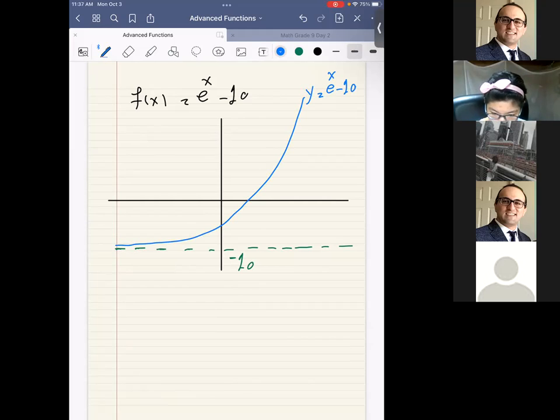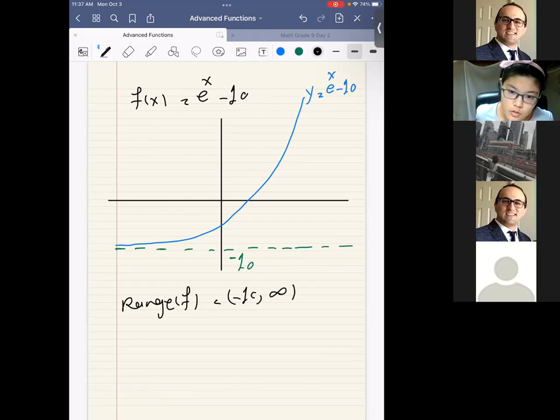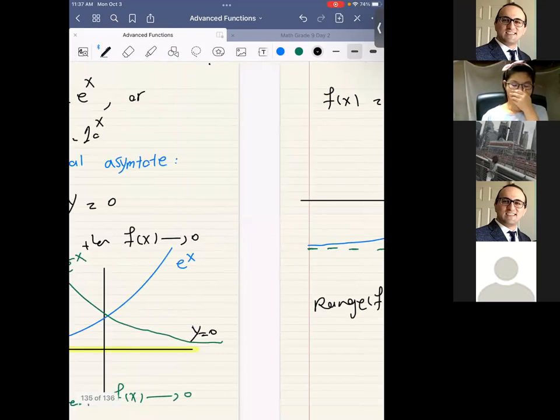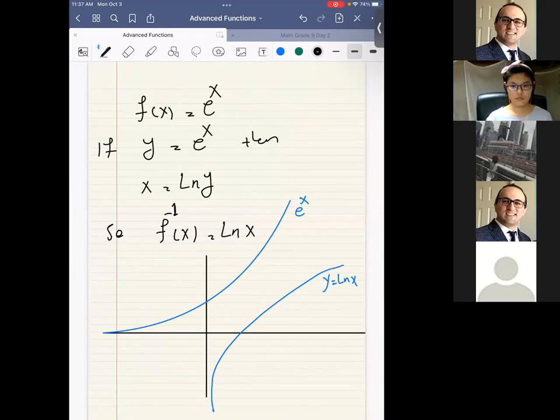You just transform the graph. You have a vertical transformation downward, right? So the range would be what? The open interval from negative 10 to infinity. What is the range of log or ln?